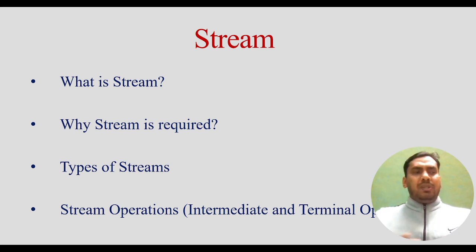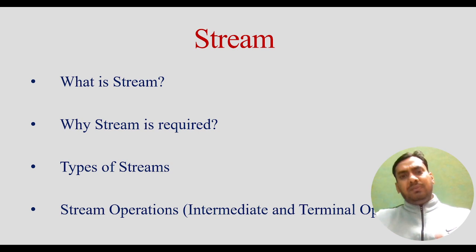For example, you talk about the Comparable interface. It is a functional interface which has only one abstract method, that is compareTo. Similarly, you talk about another interface, that is Comparator. Comparator is again an interface which has effectively one abstract method. Although there are two abstract methods, one is equals and the second one is compare, the equals method is not considered an effectively abstract method because this method is already defined in the Object class.